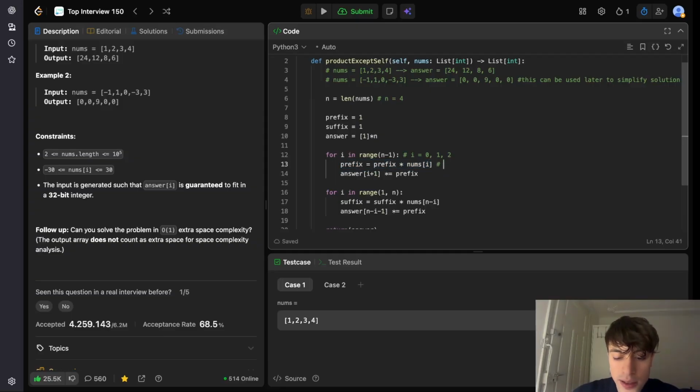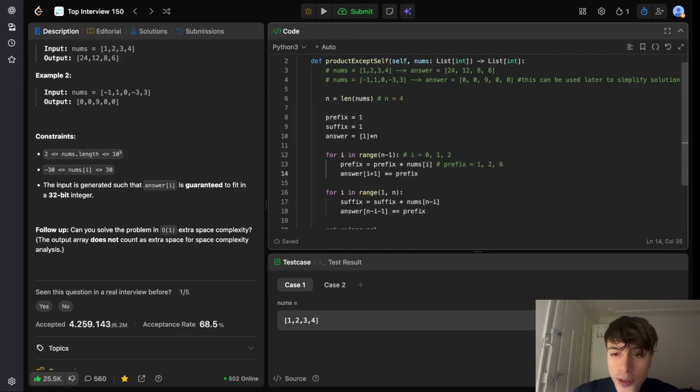So in the first case, prefix is equal to 1. In the second case, once we update it again, it will be equal to nums 1, which is 2, so it will be 2, and then again it will be equal to 6.